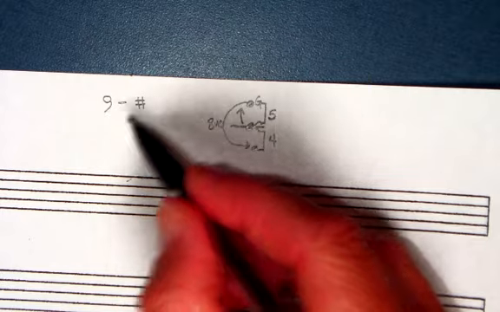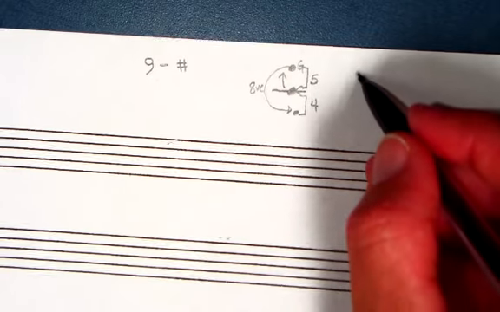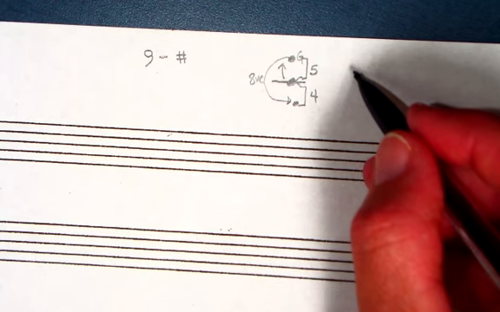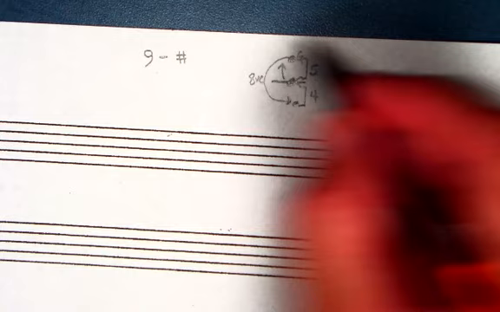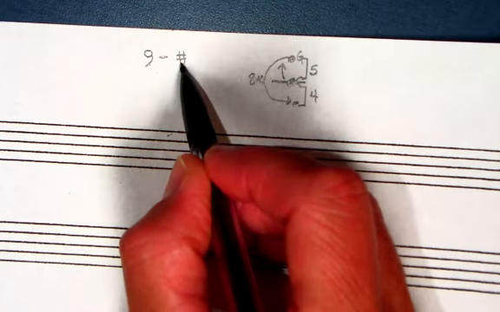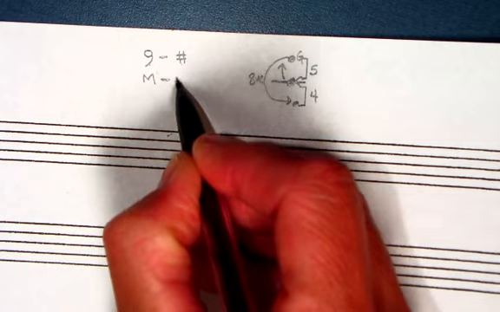So, the next thing you do is deal with the type. Remember, the types of interval are major or perfect, minor, diminished, and augmented. Here's what you do. You subtract the number from 9 to find the inversion. Then you switch between major and minor.